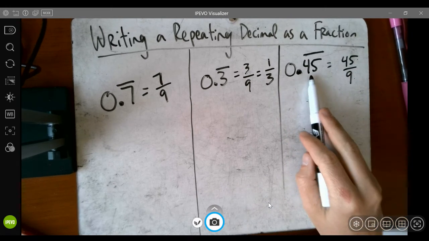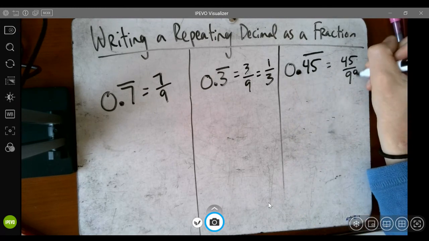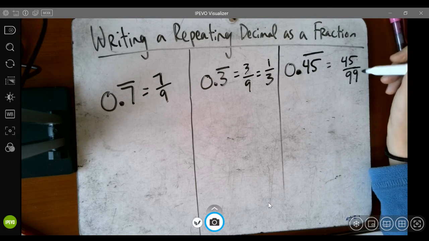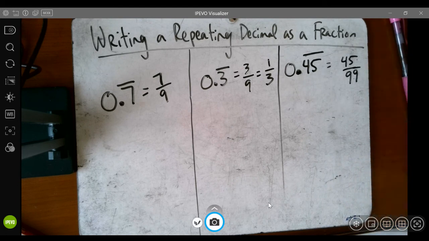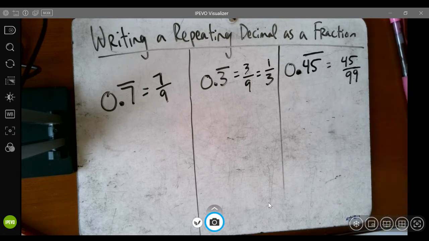So what the real trick is, since we have 2 digits that are repeating, we're going to put it over 99. And then you may remember in our last video, we had done 5 divided by 11, and we had gotten 0.45 repeating. And now I'm telling you that it's 45 divided by 99, which is not the same fraction that we had.